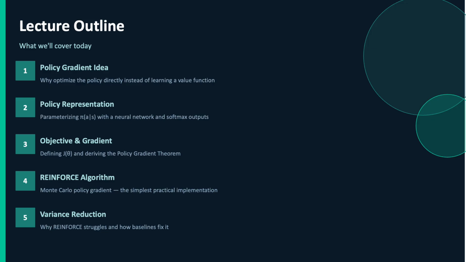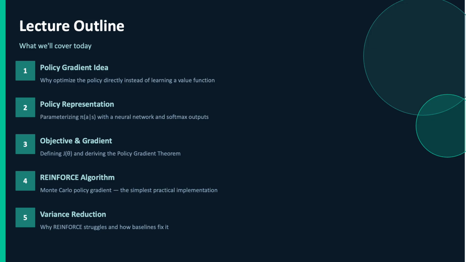So we have 5 topics today organized to build on each other in a specific order. We start with the conceptual motivation. Why would you want to optimize the policy directly at all? And what does that even mean mathematically?